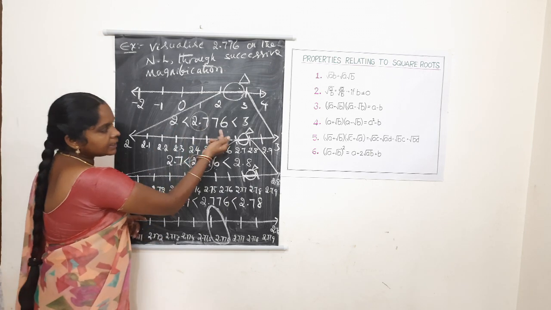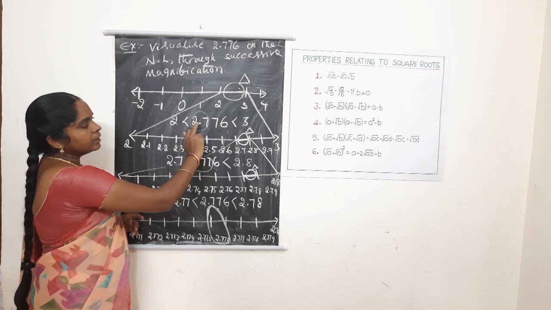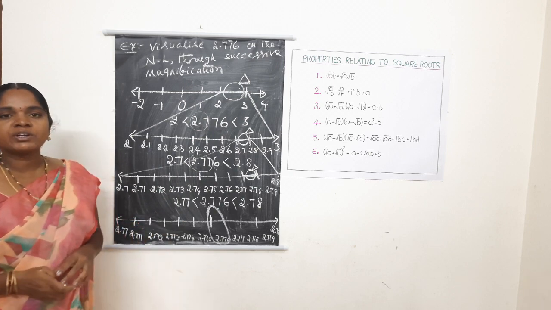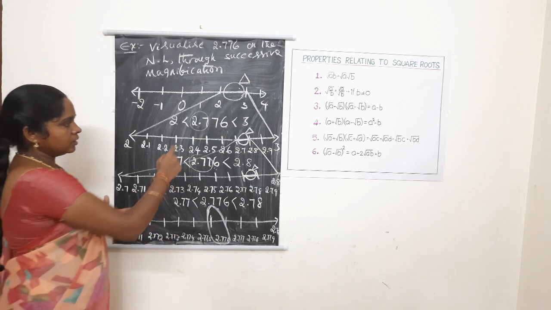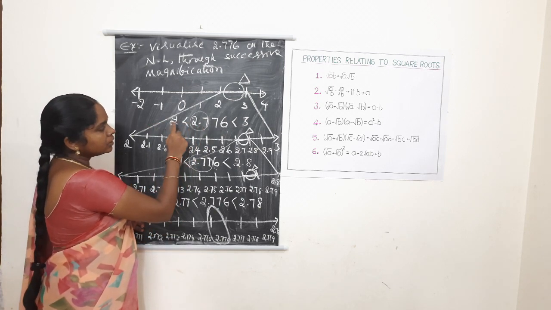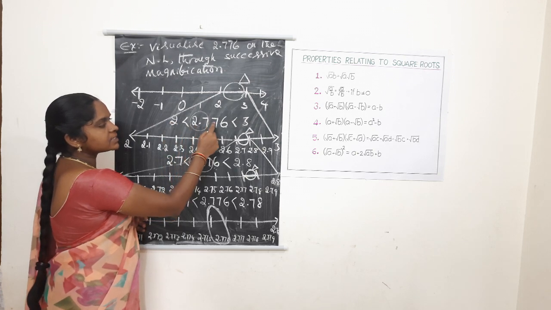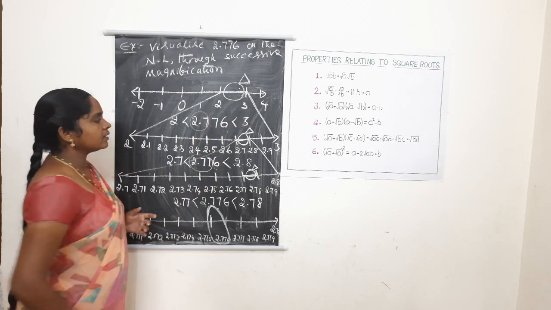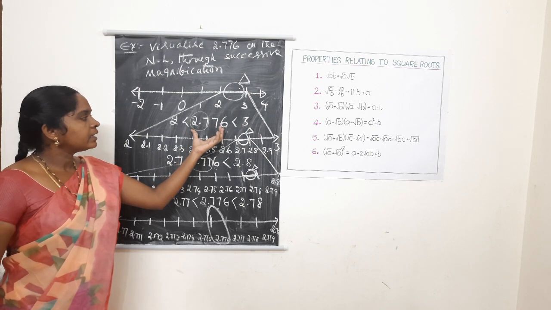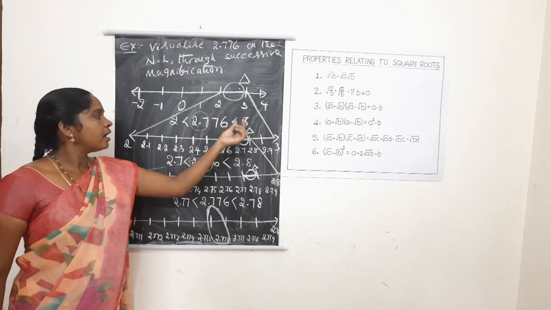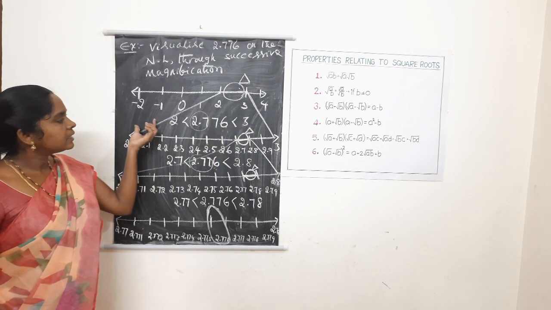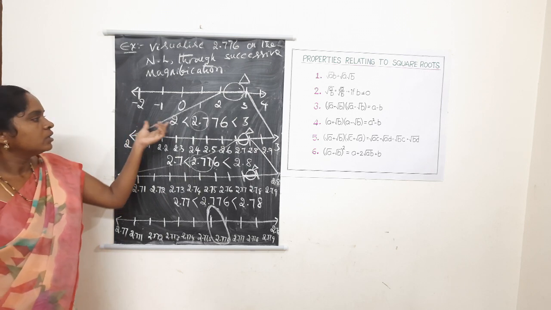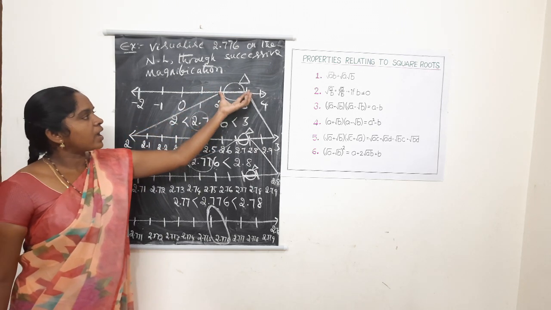After 2 point there is something, so this number lies between 2 and 3, which can be written as 2 less than 2.776 less than 3.